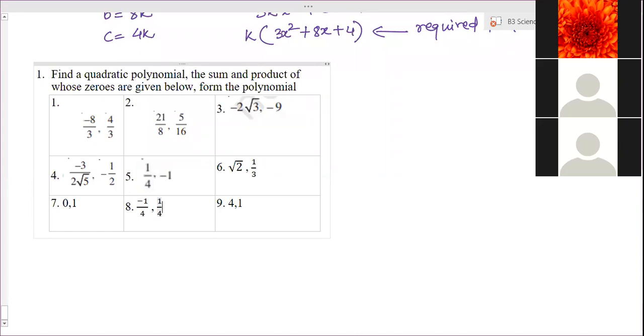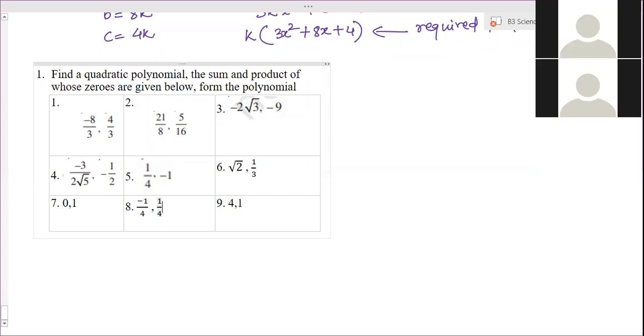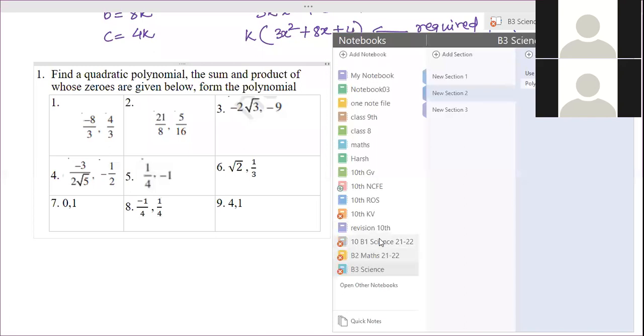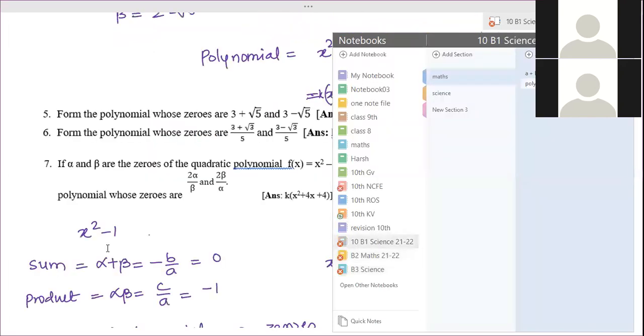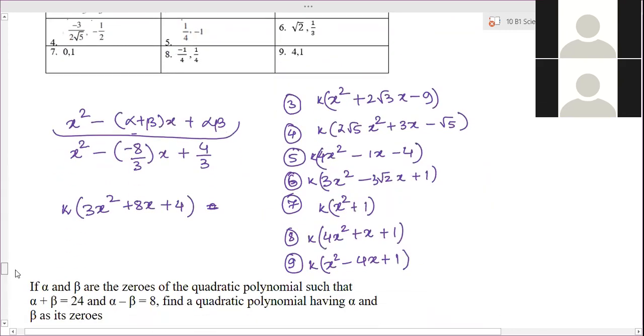Ma'am, what's the answer for the fourth one? 2 root 5x square plus 3x minus root 5. These are the answers.